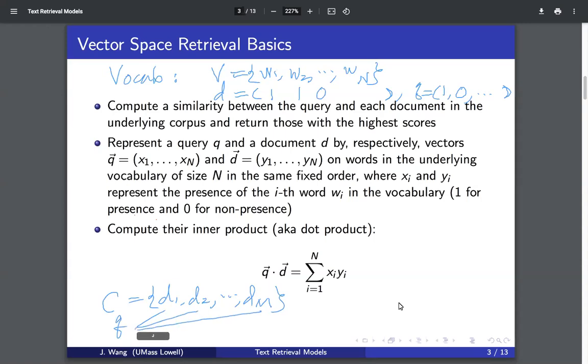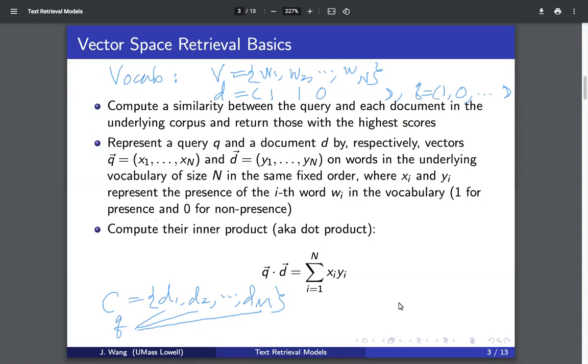The first thing we want to find out is a similarity. In other words, we want to know which document contains the words in Q the most. That one would look more similar than the others that don't even include words in Q. That is the basic thinking here.